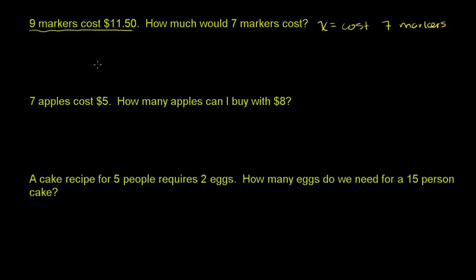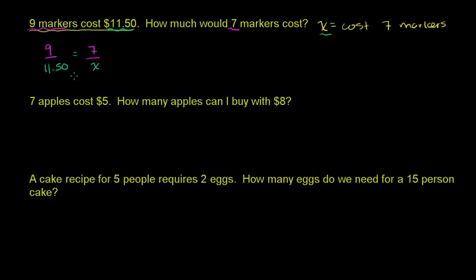So you could say that the ratio of the number of markers, 9, to the cost of the 9 markers, $11.50, should be equal to the ratio of our new number of markers, 7, to the cost of 7 markers, x.